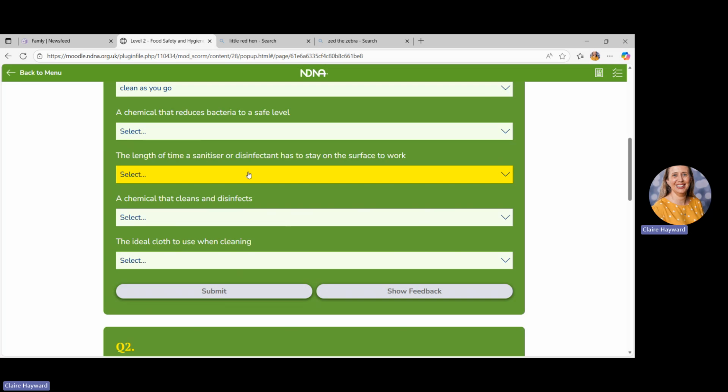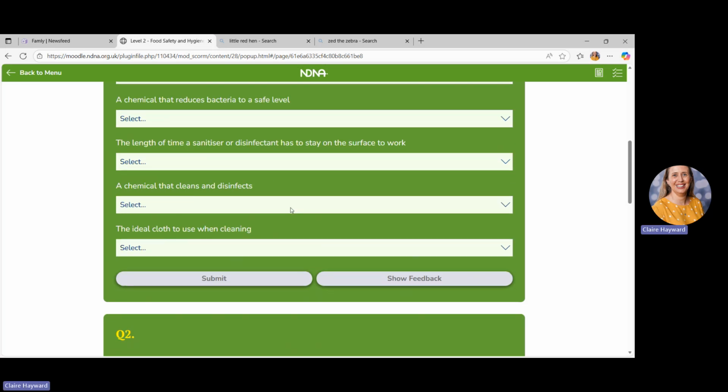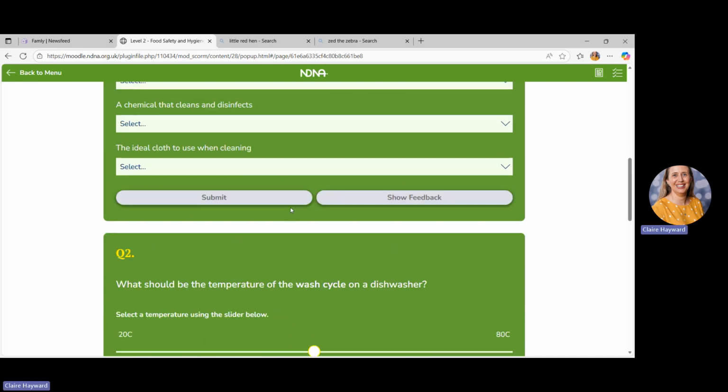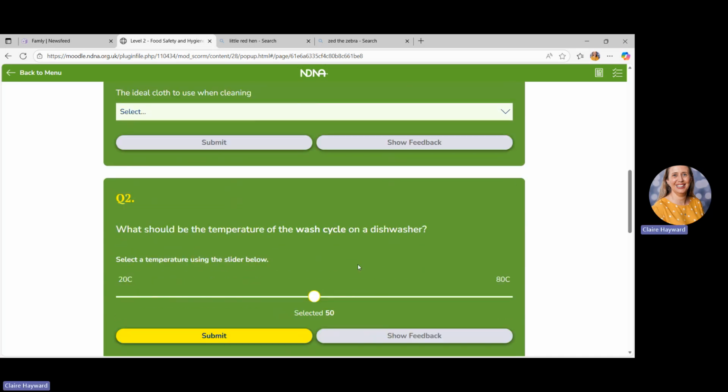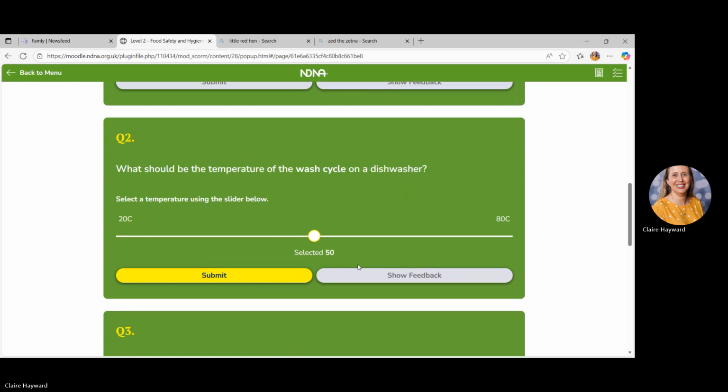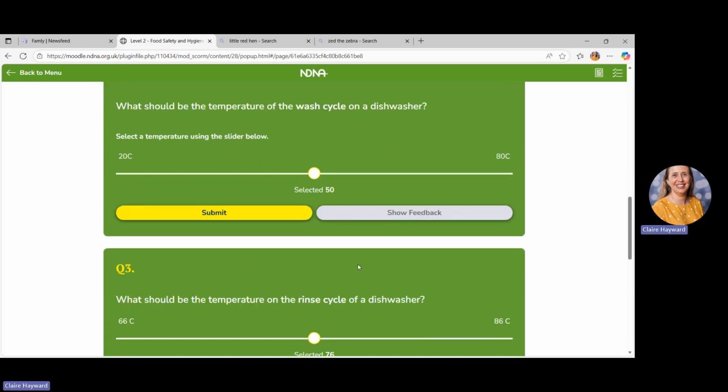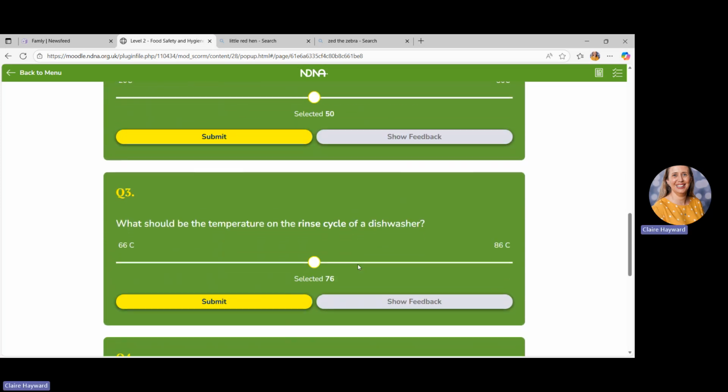Chemicals that reduce bacteria to a safe level. A length of time in sanitizing and disinfecting. A chemical that cleans and disinfects. And the ideal cloth to use when cleaning. What temperature should the wash cycle be on a dishwasher? What should the temperature be on the rinse cycle?